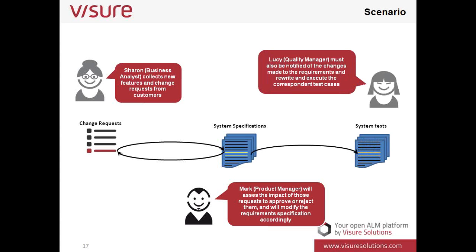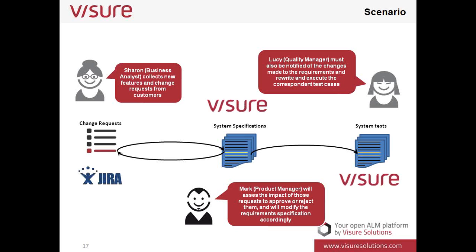While, on the other hand, Lucy, our quality manager, must also be notified of these new changes to rewrite or even execute again the related test cases covering those functionalities. So Mark and Lucy will use Visure Requirements, and they don't know anything about JIRA.